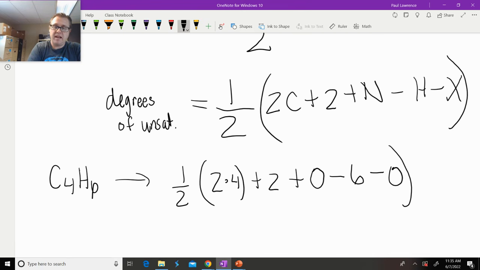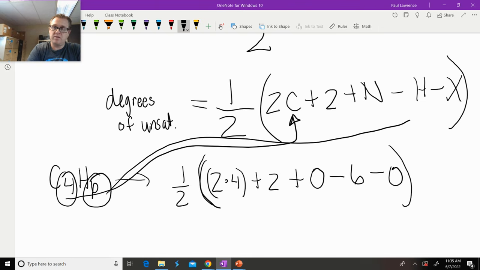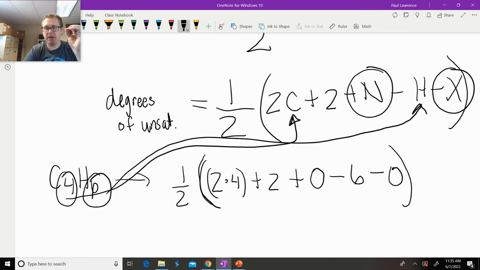I'm just plugging in everything. There are 4 carbons there, so I plug that in. There are 6 hydrogens there, so I plug that in. I don't have any nitrogens or halogens, so I put in a 0 for those. When you add that all up and divide it, it's going to equal 2 degrees of unsaturation.